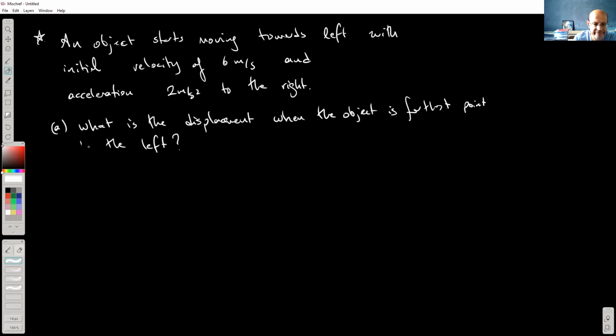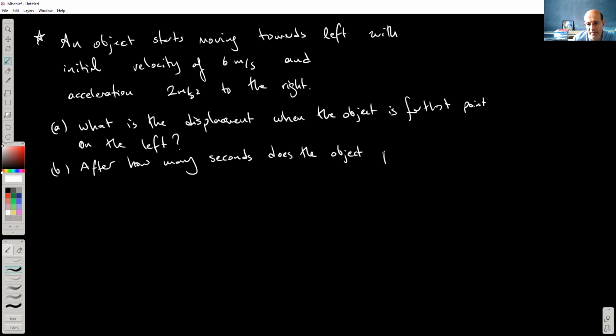All right. B, after how many seconds does the object pass from the initial point? All right, I just wrote down the stupid question. So after how many seconds does the object pass from the initial point?